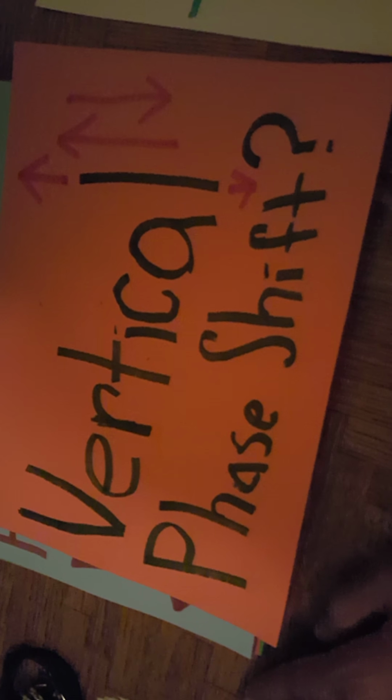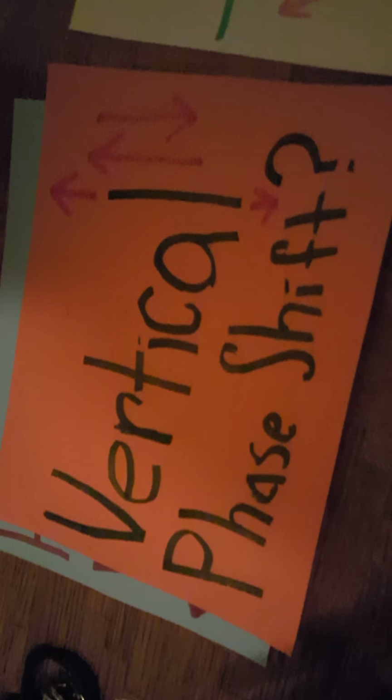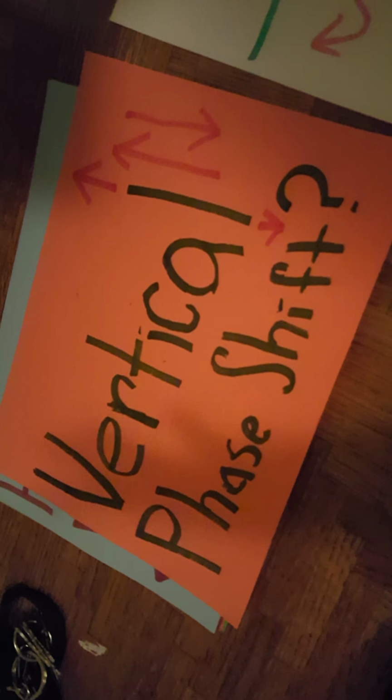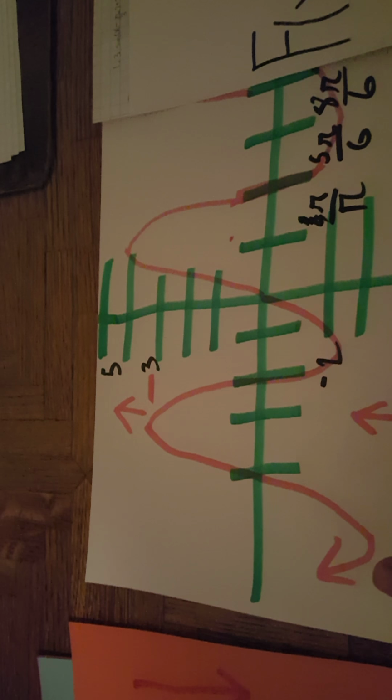So, let's go back. Now, as you can see, we are talking about now the vertical phase shift. And as you can see, I have arrows pointing up and I have arrows pointing down. Because the vertical phase shift consists of the graph, our wave that you see. I don't expect you to understand it yet, okay?